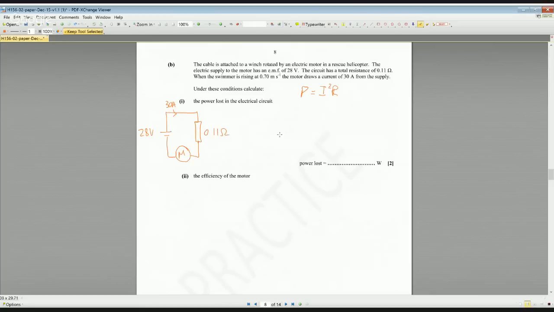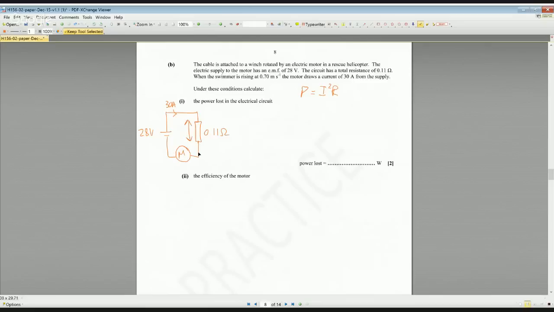The reason you can't use either of the equations that involve V is because we can't use 28 volts as the V. The V that we're interested in here is the potential difference across just the 0.11 ohms. We don't know that detail. We only know that full voltage being supplied to both that and the motor.